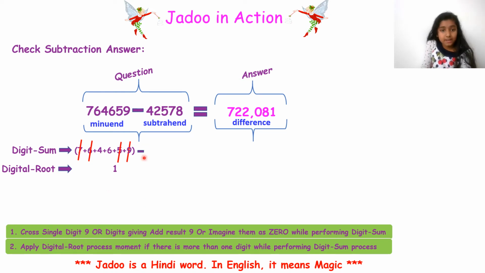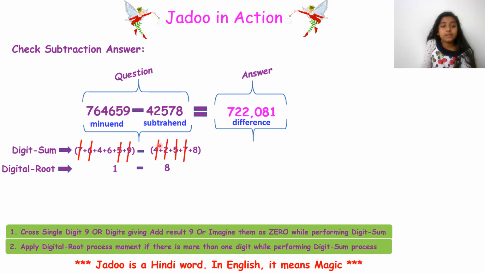Now minus the digit sum of the subtrahend. So 4 plus 2 plus 5 plus 7 plus 8. So 4 plus 2 is 6 and 6 plus 5 is 11, which is 2 digits. 1 plus 1 is 2 and 2 plus 7 is 9. So we have crossed them out. So the digital root of the subtrahend is minus, and then 8, because this is already a single digit.